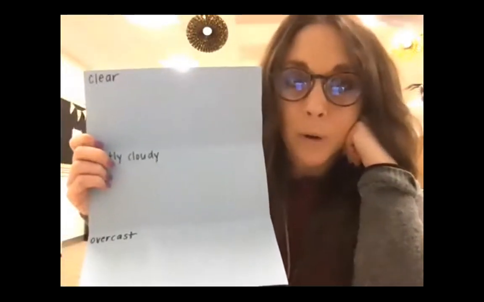Partly cloudy. Hopefully you remember that when the sky is partly cloudy, there are some clouds, but the whole sky is not covered in clouds. So on a partly cloudy sky, I can also see some blue sky and sunshine. So for my partly cloudy sky, I'm just going to maybe put one or two cotton balls.